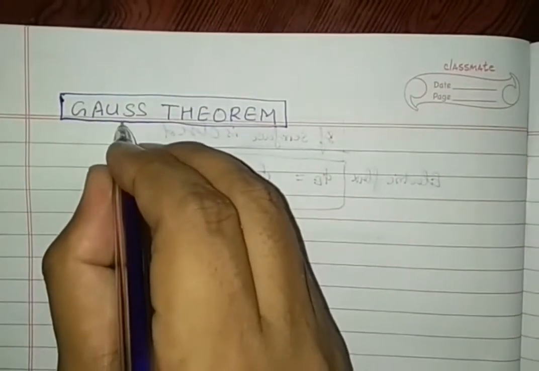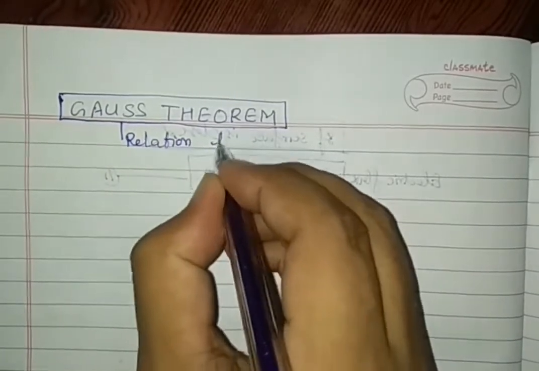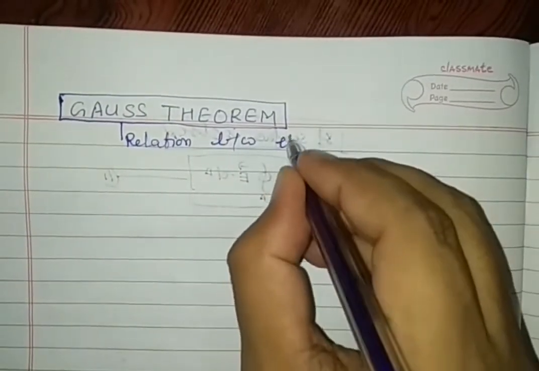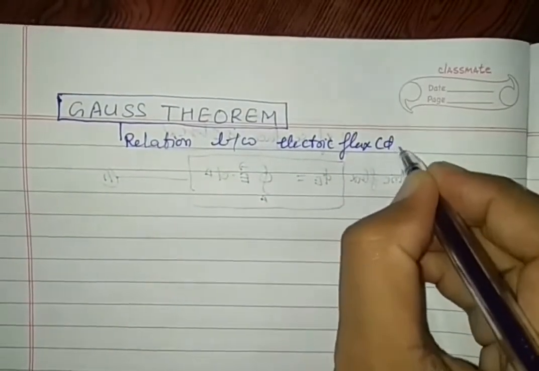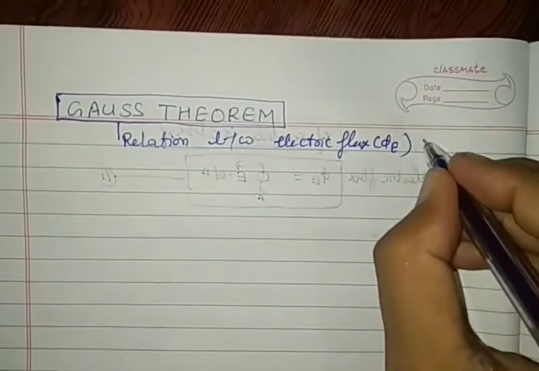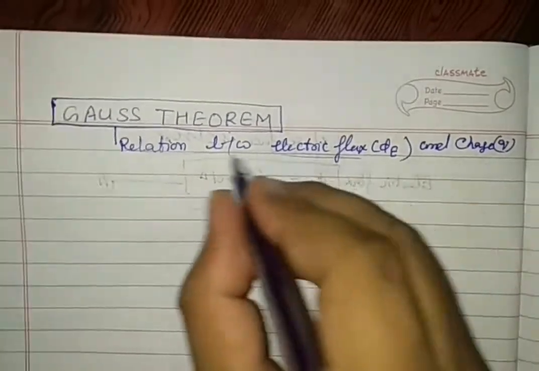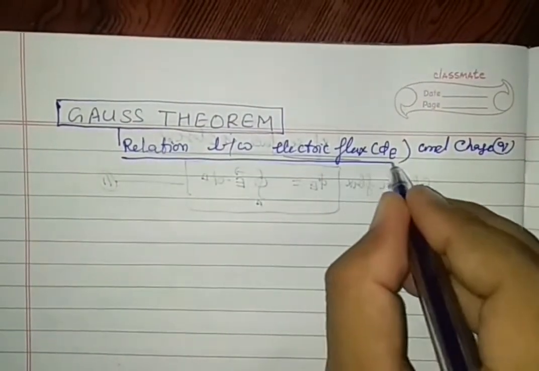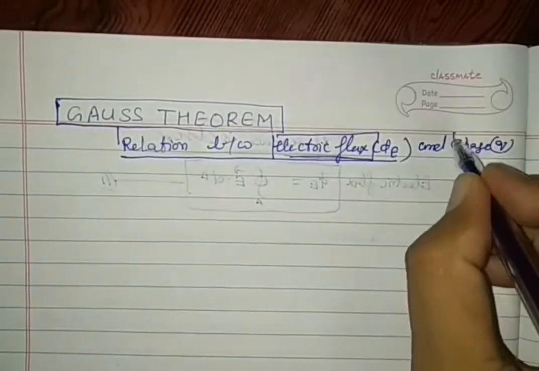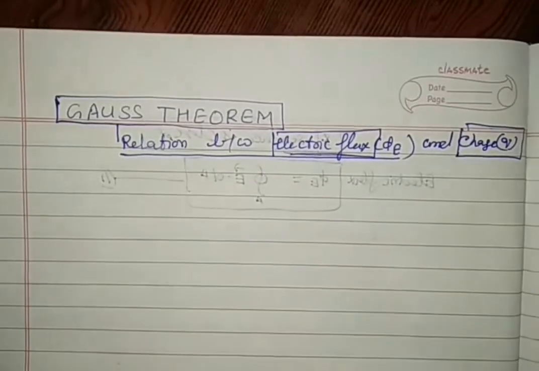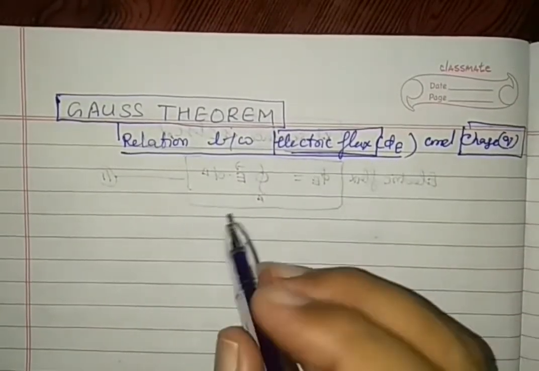Gauss theorem gives the relation between electric flux, you are knowing it is denoted by phi e, and charge q enclosed. So this gives the relation between electric flux, one, and second, charge enclosed. So what is the relation and what are these?